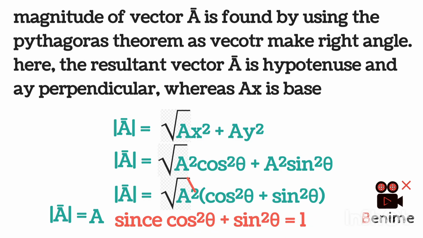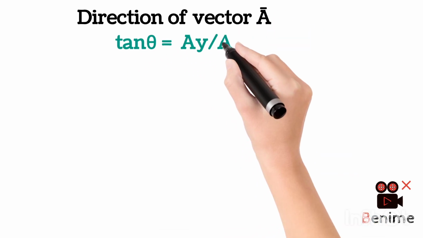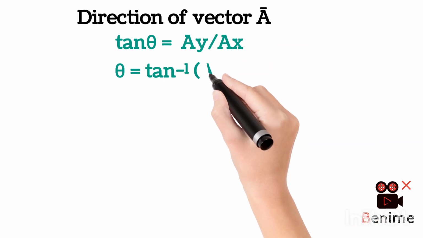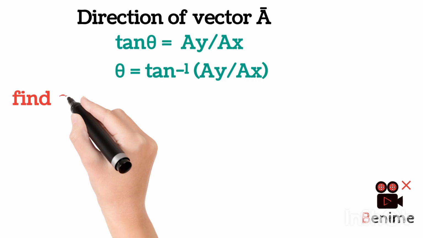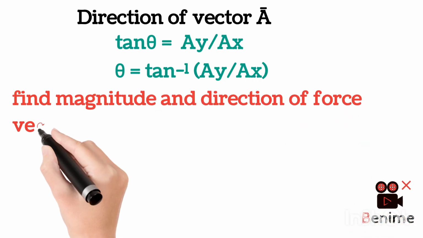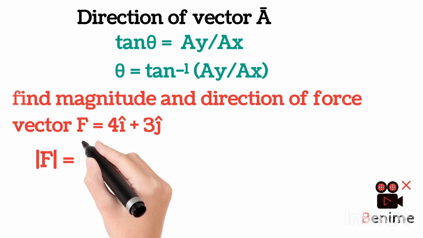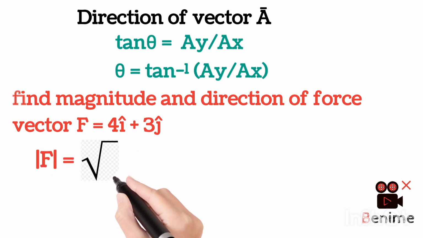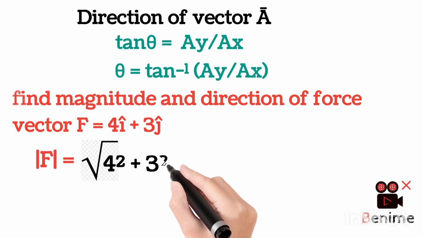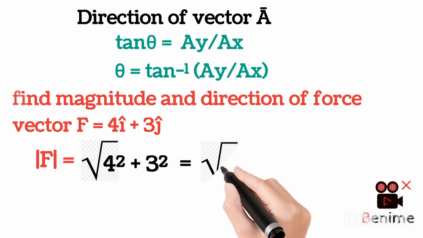Let's find magnitude and direction of a force vector, which is given as force equals 3i unit vector plus 4j unit vector. Magnitude of force is given by square root of square of its x component plus square of its y component. Here x component is 3, and y component is 4.